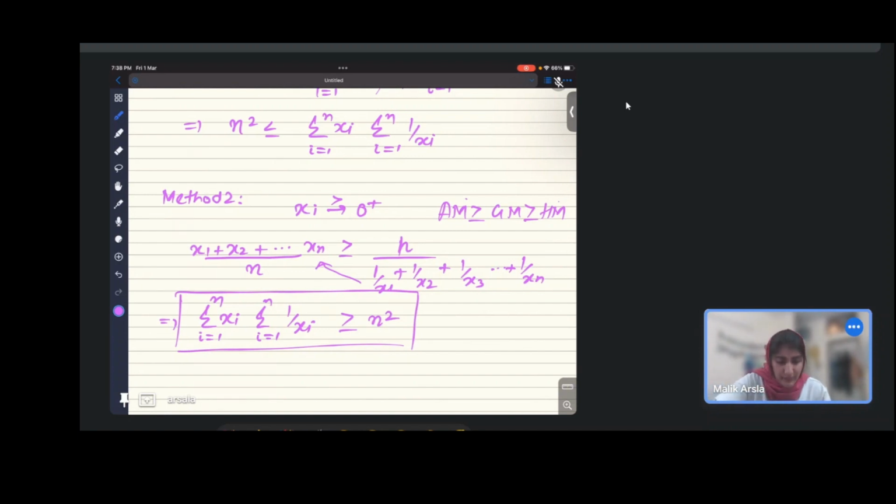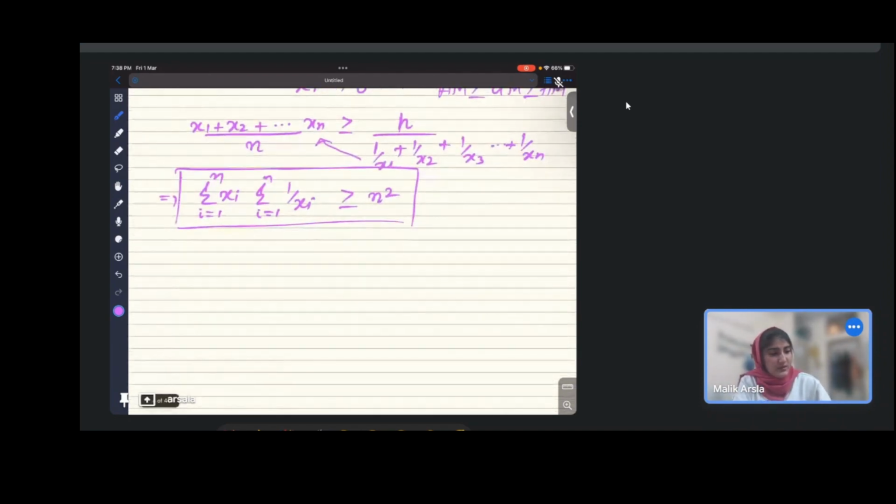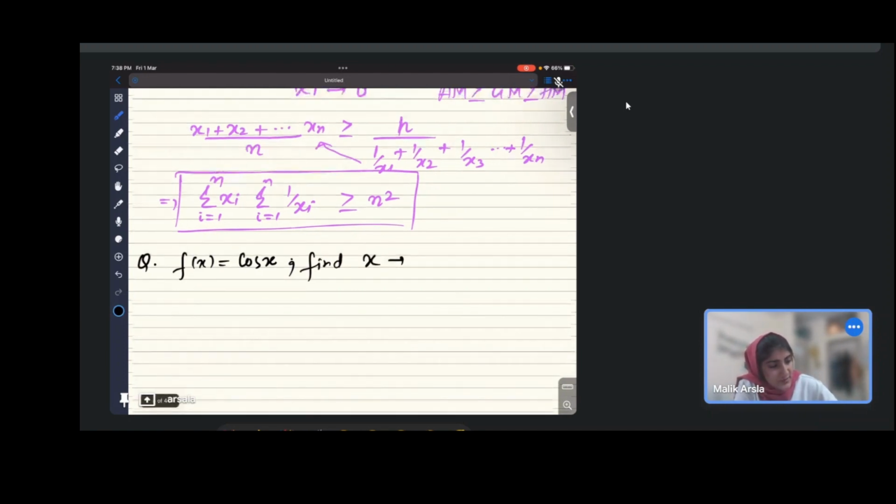So, okay, the next question you have to do by yourself. The question is: for the function f of x equal to cos x, find x for which f of x is ill conditioned.